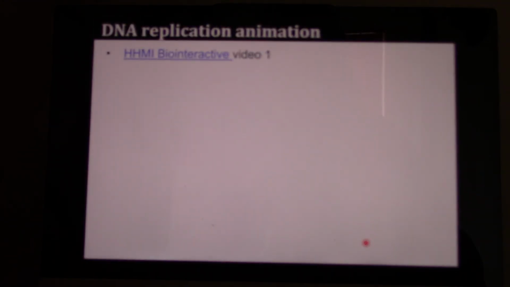For the DNA replication animation, please go to the HHMI video. If you have your PowerPoint, just press in presentation mode. It's a hyperlink out to that video. HHMI Biointeractive video number 2 is more detailed, so you can hyperlink out to that.